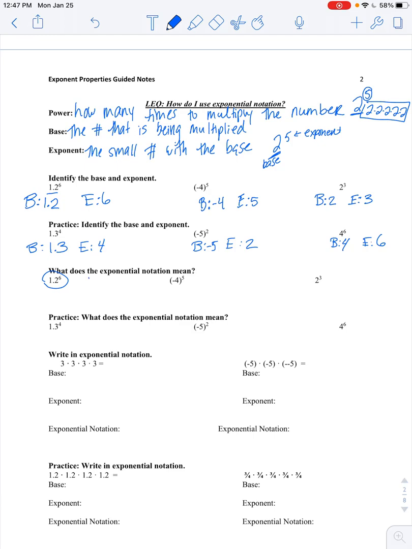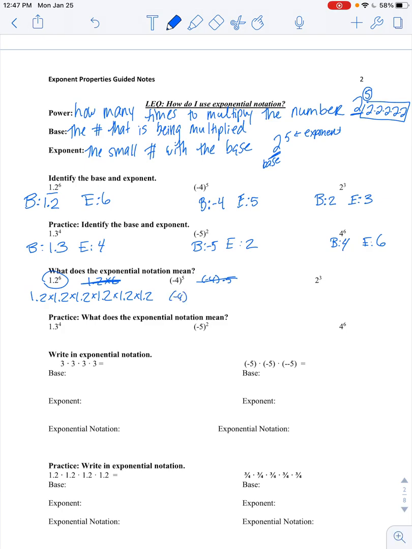So 1.2 to the 6th power does not mean 1.2 times 6. Nope. It means 1.2 times itself 6 times. Okay? -4 to the 5th does not mean -4 times 5. Nope.